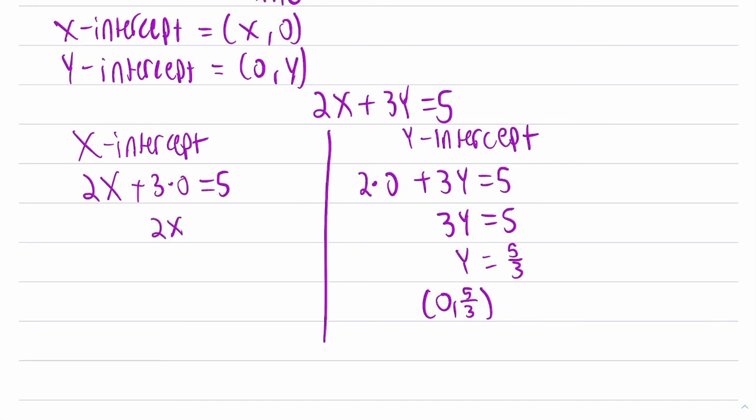Nobody cares, it's 0. That leaves you with 2x and 5 still alive. 2 is multiplying x, so we'll divide to move it. And now we get x is equal to 5 over 2, or x is equal to 2.5. We have 5/2 for x, 0 for y.